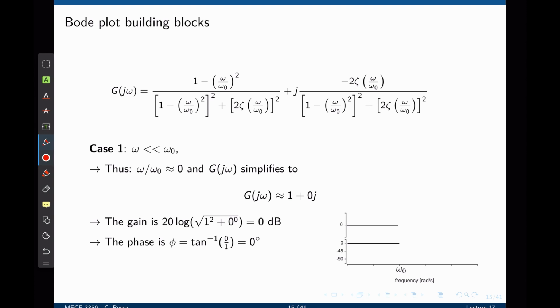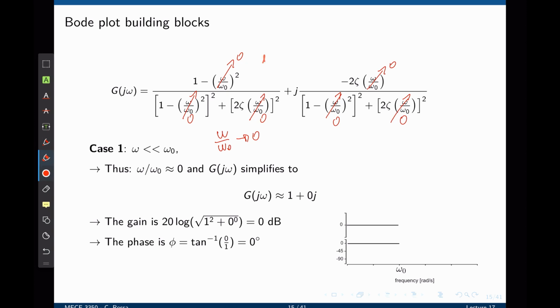The first case is when the input frequency omega is much smaller than the cutoff frequency of the complex pole. In this case, you can assume that omega divided by omega 0 tends to 0, which will make this term 0, this term 0, this term 0, 0, 0, and 0. What is left?